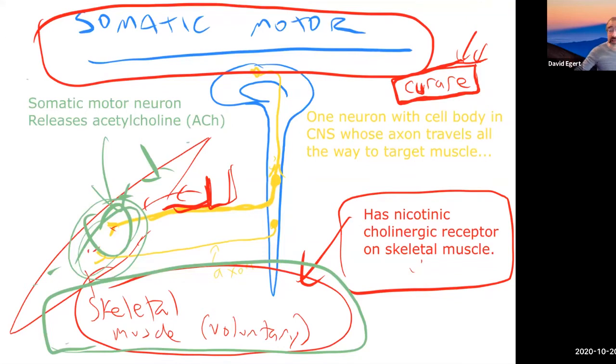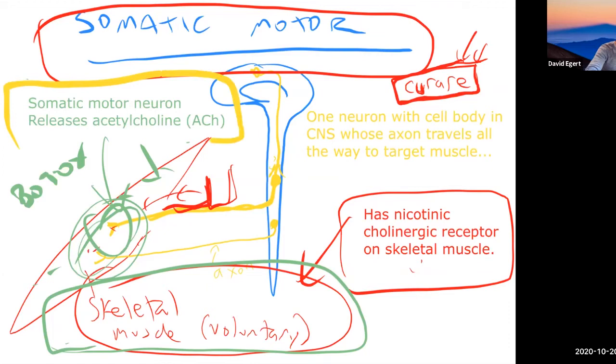Other drugs though that are actually really common in Marin is Botox. Botox works by inhibiting the release of acetylcholine from the motor neuron. So Botox stops this. Again, overall, if it was everywhere in your body, it's bad.